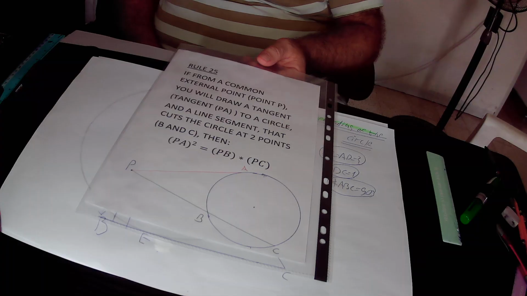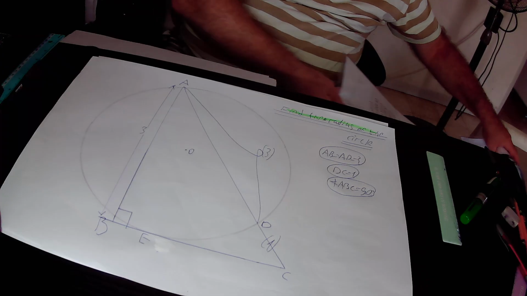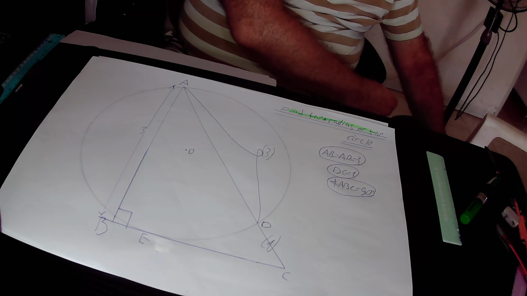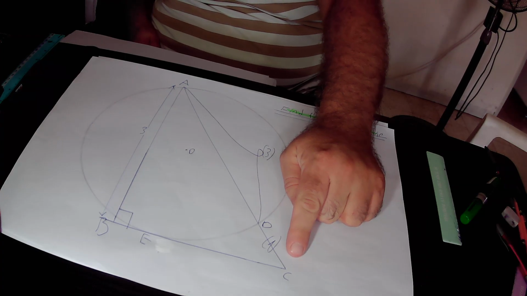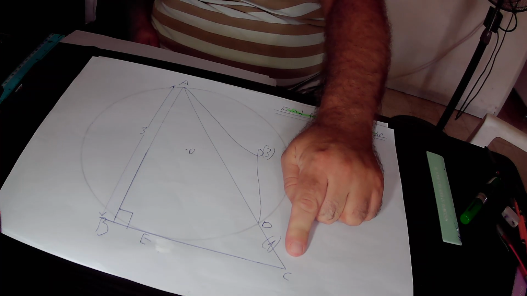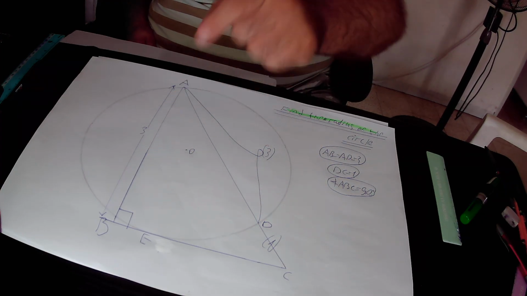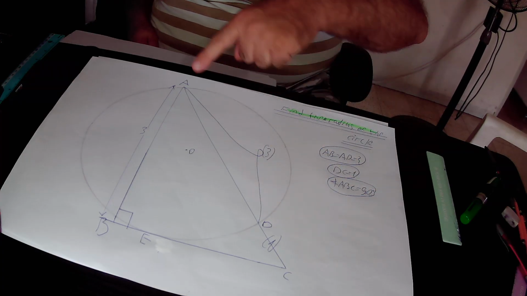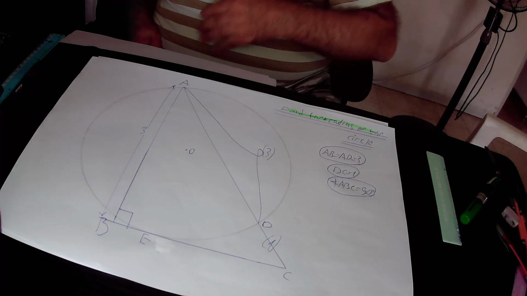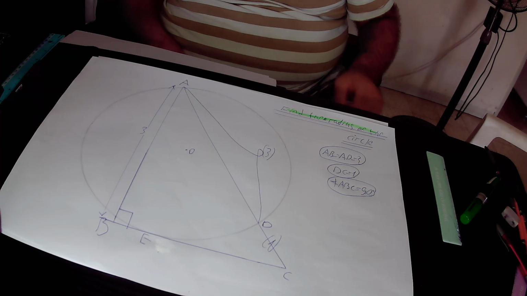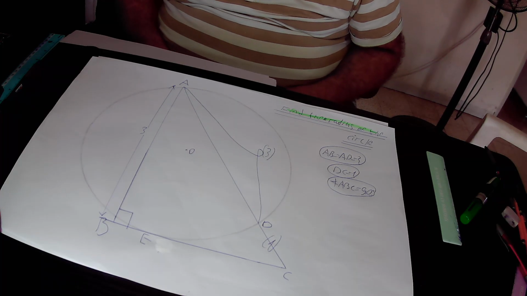So we can actually implement rule 25 in our drawing. Why? Because if we focus on this common start point C, we have tangent CE, that is tangent to this circle at point E, and we also have secant CA, that cuts the circle at two points, D and A. So all the requirements of rule 25 are satisfied, and therefore we can implement it here.